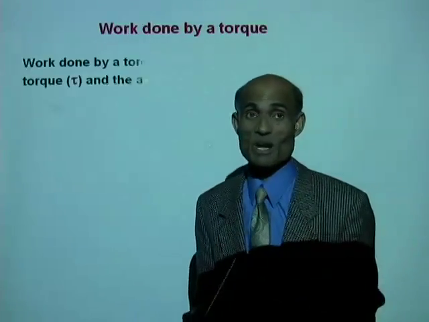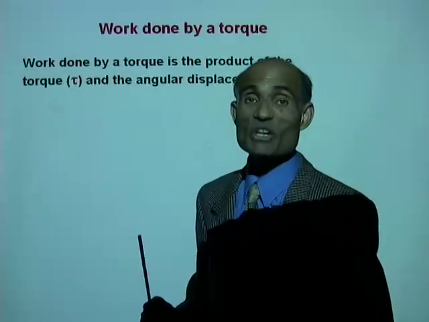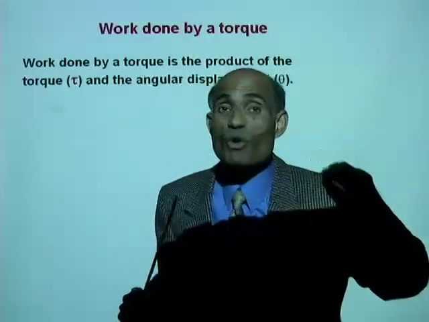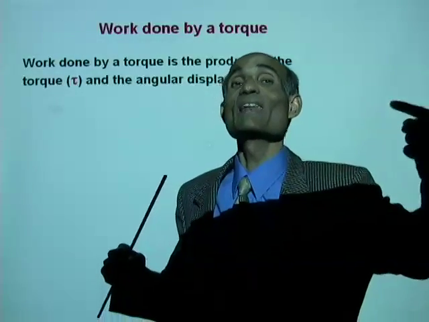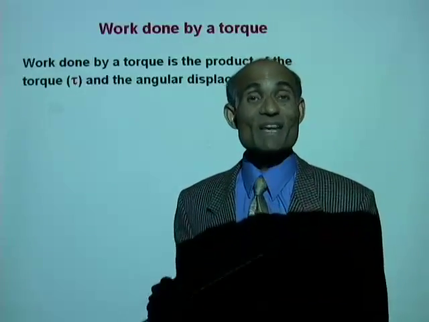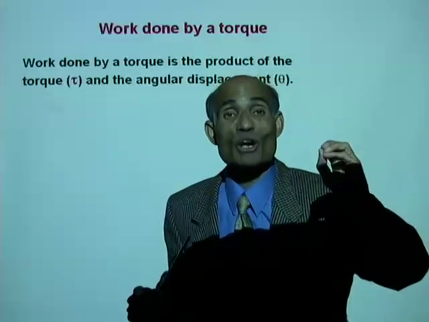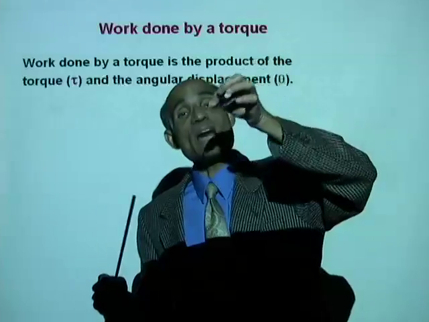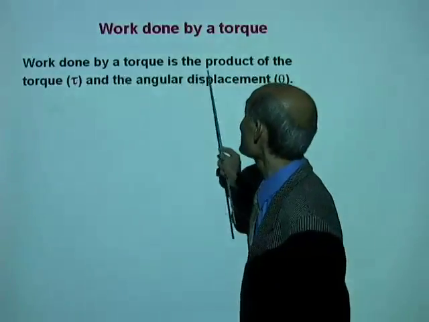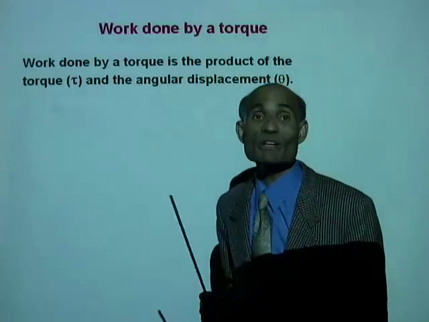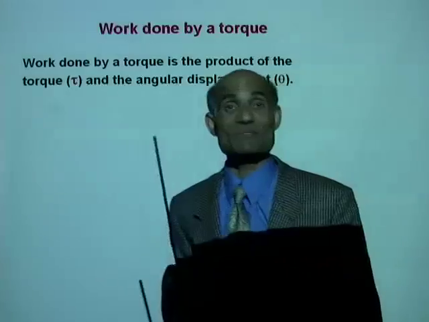Well, I'm sure most of you know it. Work done by a torque. You see, in the case of linear motion, work is done by a force when it produces a linear displacement. In rotational motion, work is done by a torque when it produces an angular displacement. So, work done by a torque is the product of the torque and the angular displacement.